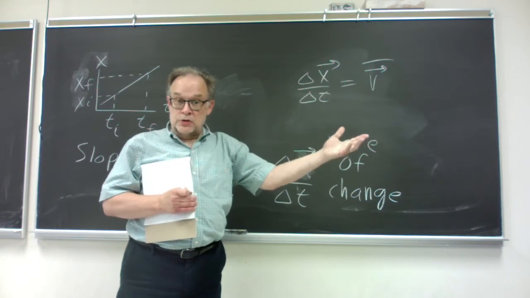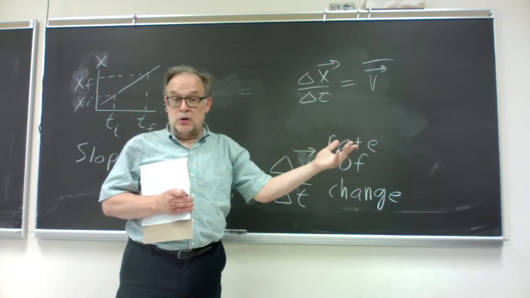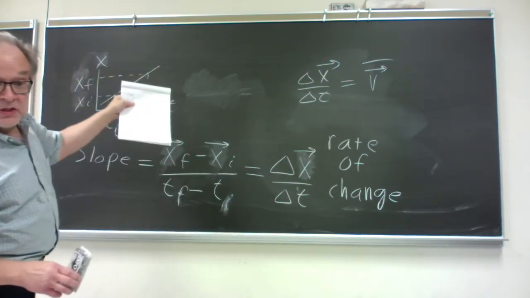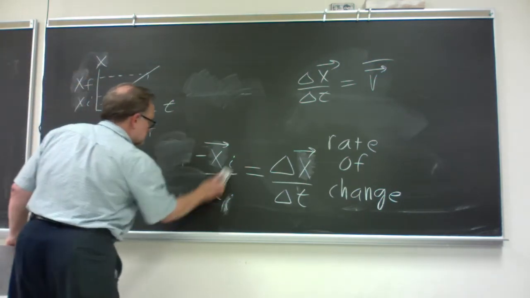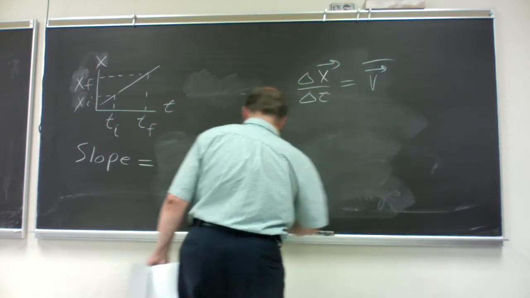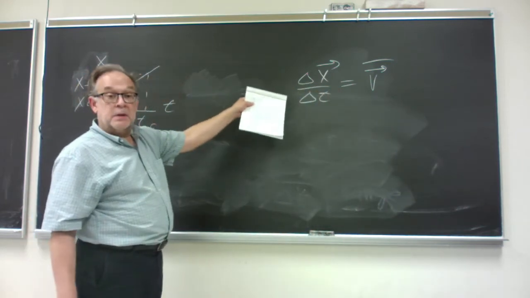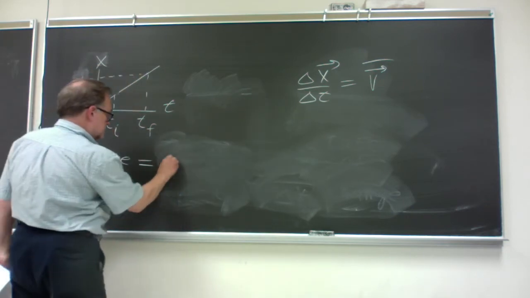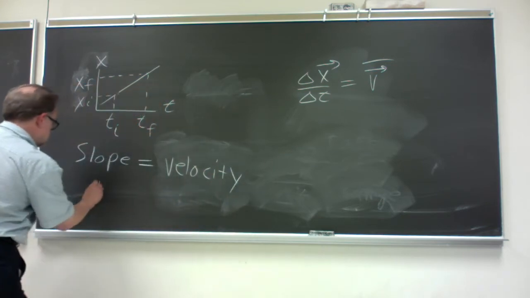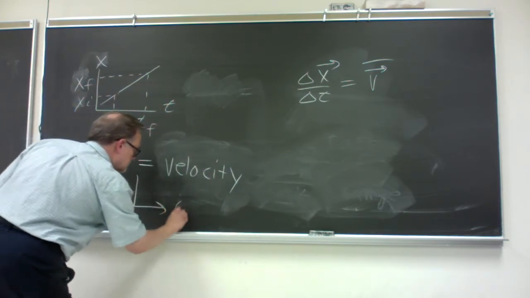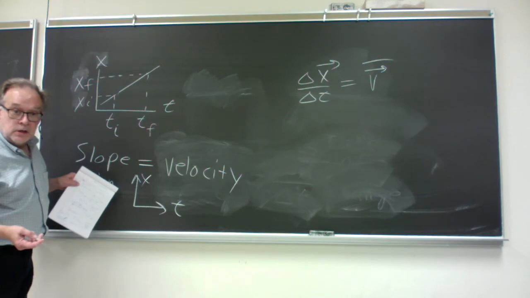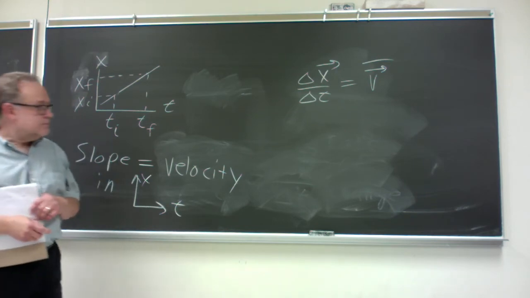So here's an important slogan that one needs to keep in mind all the time and be able to apply it. In a graph of position versus time, slope is this, but this is velocity. So slope is velocity in a graph of position versus time.